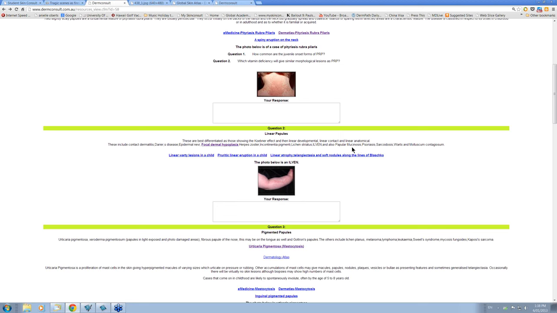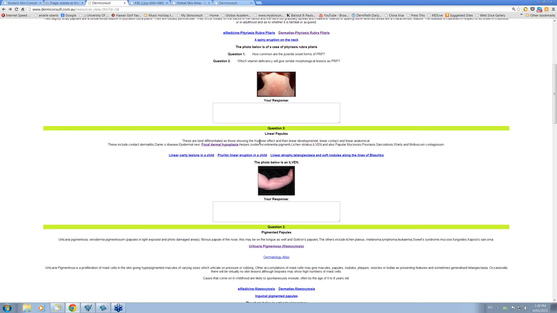Papular mucinosis, yes, sometimes that will occur as linear papules, the acral type. Psoriasis is linear papules only with a Koebner. Sarcoid, certainly warts. Often you'll see warts or mollusca with a linear distribution, just because of the Koebner effect, and wart virus being impregnated into the skin.